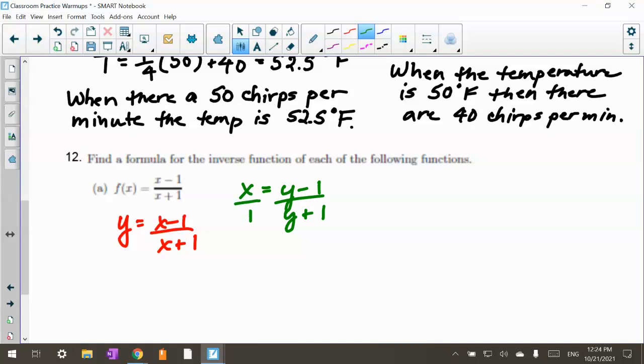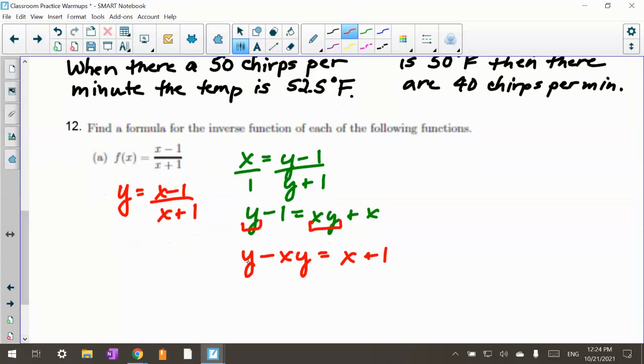And then I'm going to isolate my y, so I'm going to cross multiply. So I have y minus 1 equals xy plus x. And since I want to isolate my y's, this is a y and this term has a y in it. I'm going to move this term over here, and I'm going to move the negative 1 over here. So I end up with y minus xy equals x plus 1.